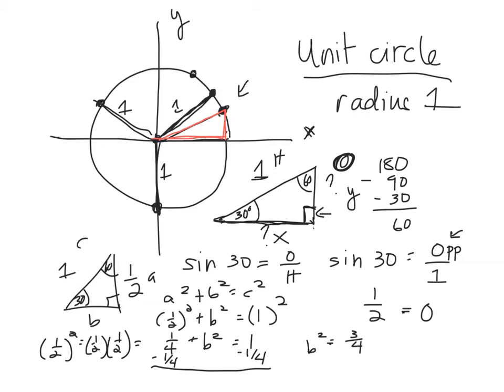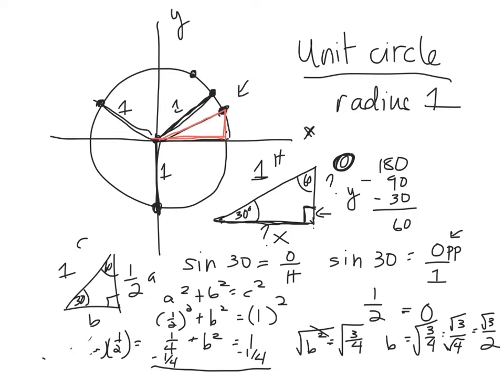And then the inverse operation of a square is square root. So b is equal to the square root of 3/4, which equals the square root of 3 over the square root of 4, which is square root of 3 over 2. And I'm running out of space, so I'm going to erase this over here.